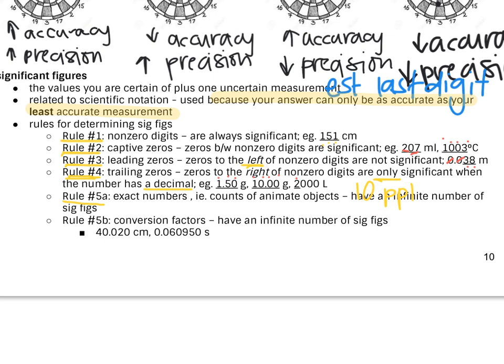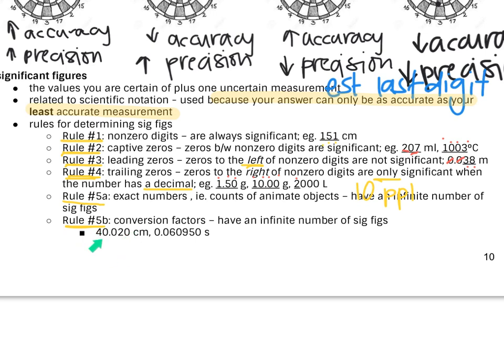In that same realm, Rule 5B is talking about conversion factors, and they also have an infinite number of sig figs. So say you are converting numbers, and this is your conversion factor to get from centimeters to another unit of measurement.